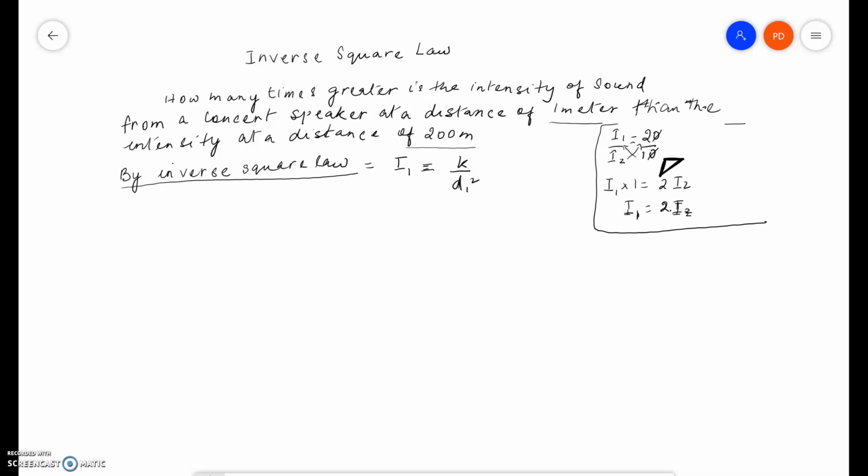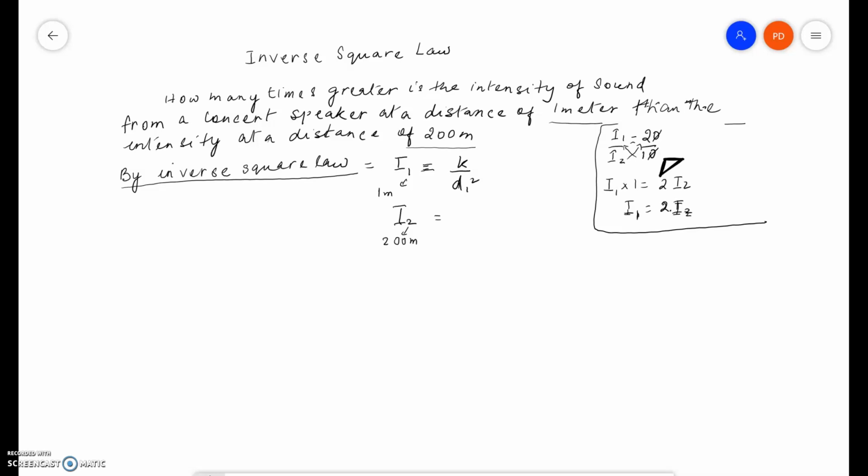That's what inverse proportionality means. So we can use the same inverse square law at a different distance. Let's say this is at a distance of 1 meter and this is a distance of 200 meters.